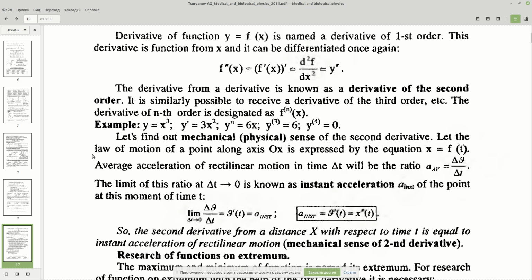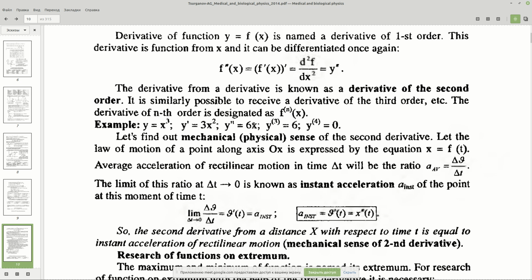The fourth derivative will be 0. Yes, so the rules are the same as in this table. We widely use them, but you have to take the derivative of the next order until it disappears.